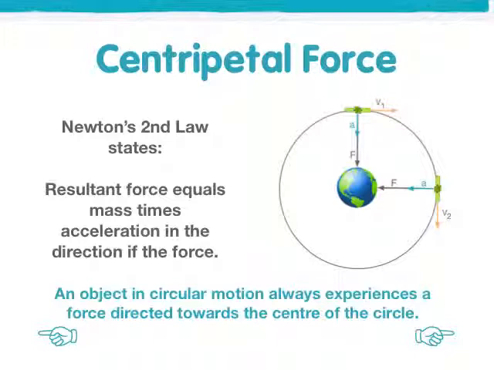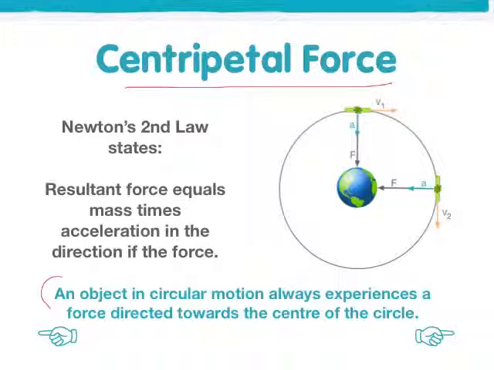We now need to think about the force that's actually keeping an object moving in a circle. This centripetal force is always towards the center. You've come across this when we've dealt with the motion of a charged particle in a circular path, and it's pretty much the same idea.